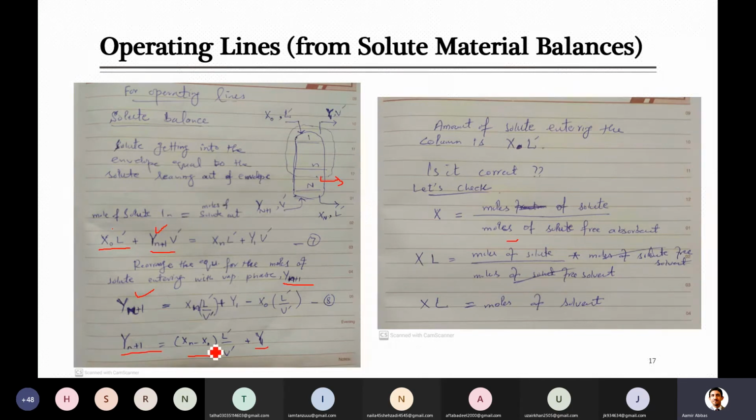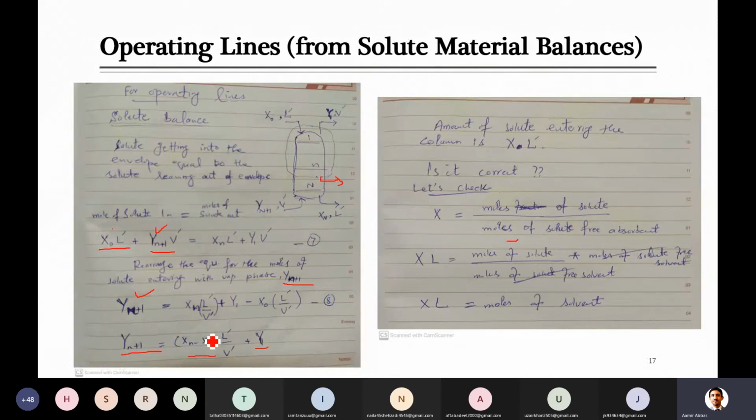If we know the solute amounts leaving in the liquid from the bottom or nth tray minus its mole fraction entering from the top, and if we know the liquid and vapor flow rates as well, the ratio of the mole fraction of the solute leaving in the vapor stream, we can find this value of y_{n+1}.